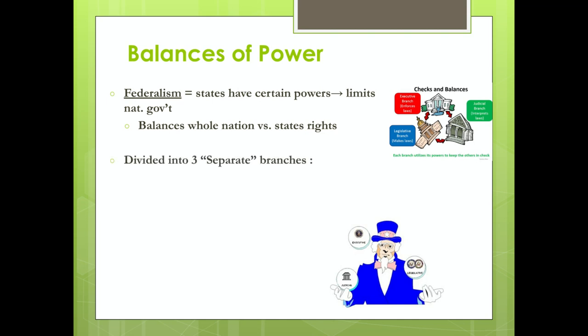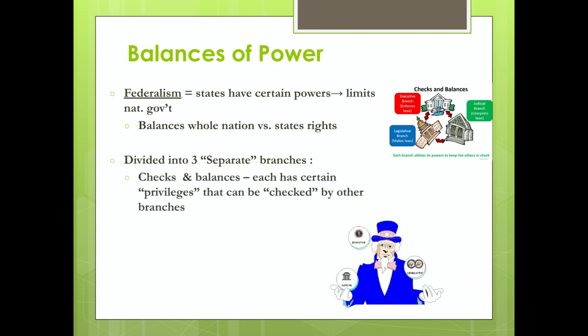Remember that the government is divided into three separate branches. This was another way of balancing power. If you look up in the upper right-hand corner, you see the idea of checks and balances. What checks and balances are is that each branch of government is going to have certain privileges that can be checked by other branches.